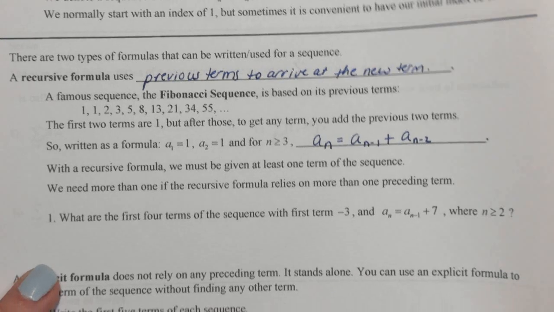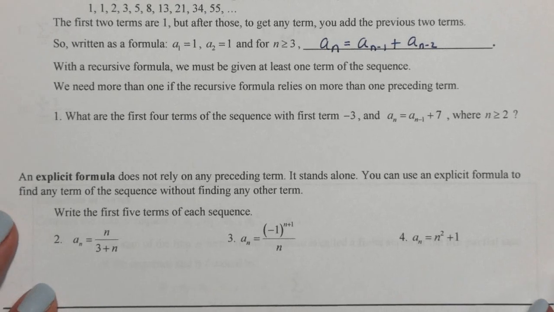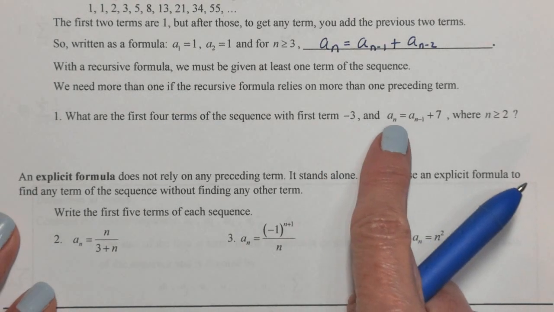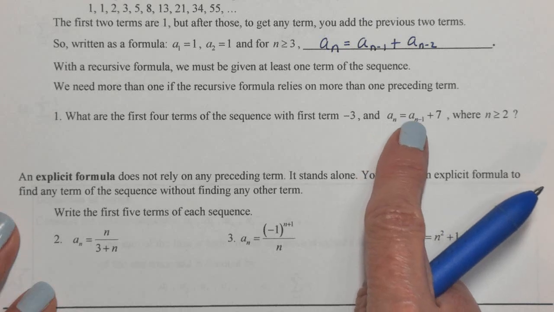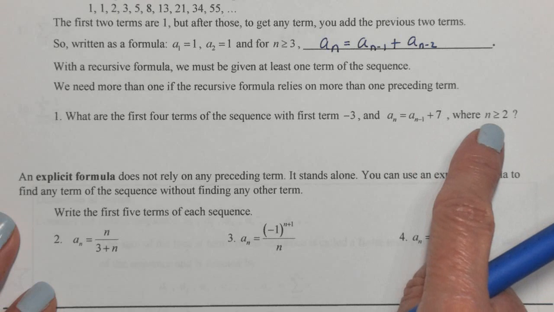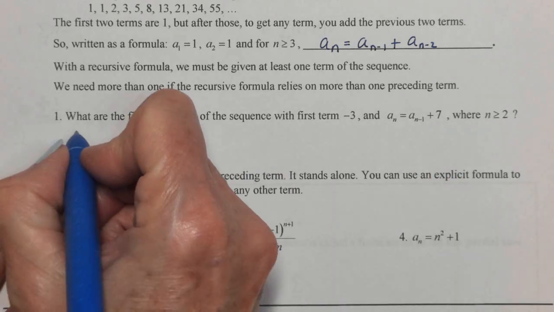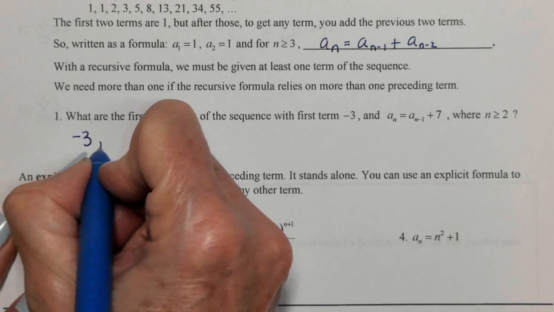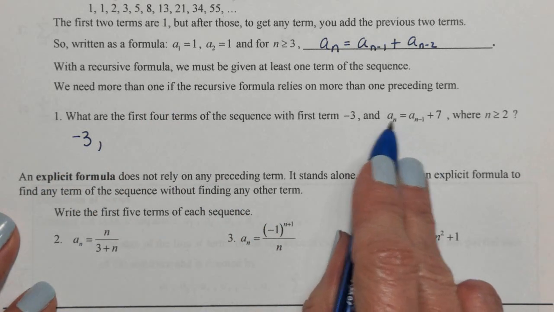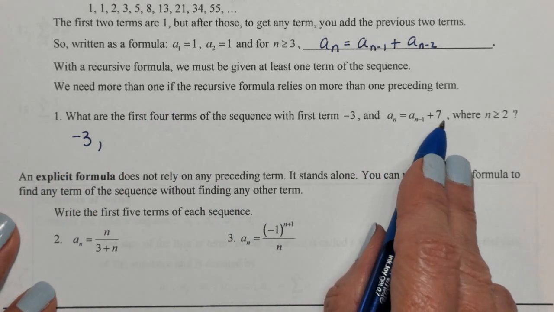Okay, what are the first four terms of the sequence with first term negative 3 and a sub n equals a sub n minus 1 plus 7, where n is greater than or equal to 2? So the first term is negative 3. What would the next term be? Well, this is telling me to take the previous term and add 7.